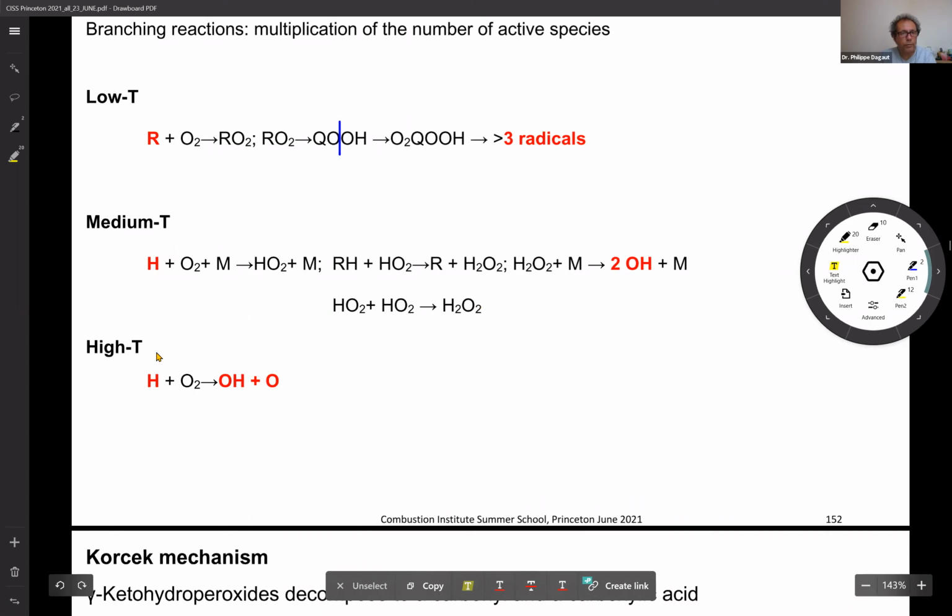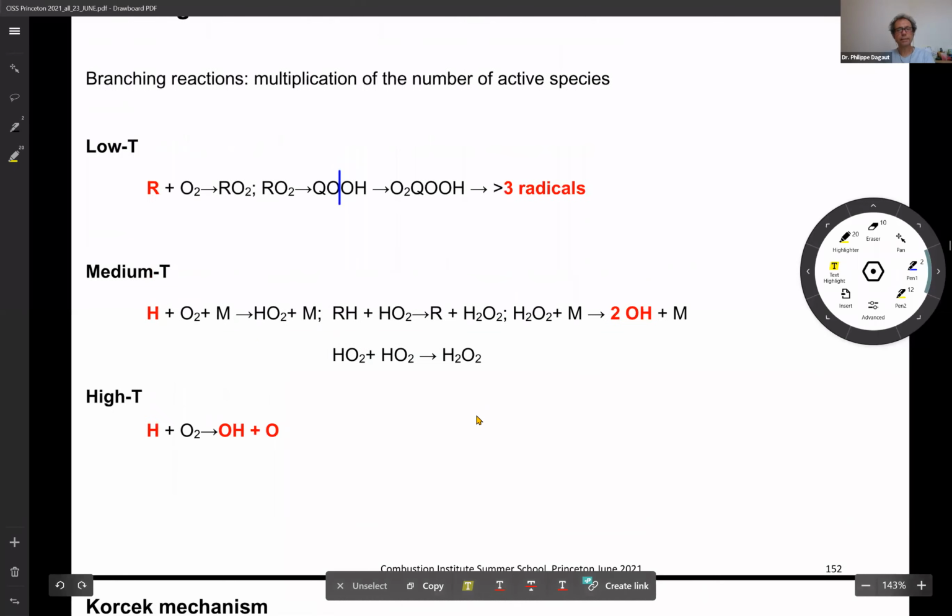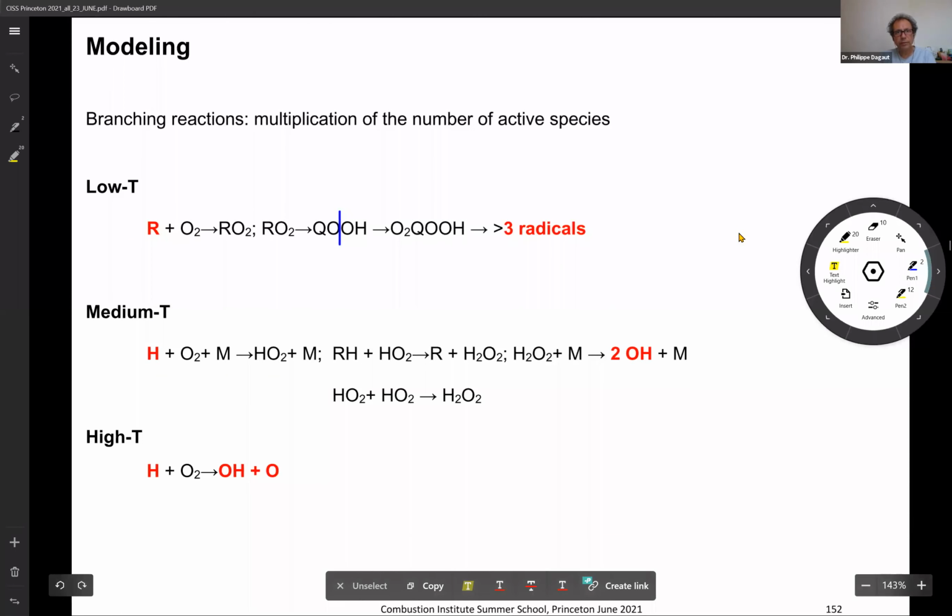And at high temperature, this high temperature oxidation is dominated by this main branching reaction, the reaction of H atoms with the molecular oxygen producing two reactive species, OH radicals and O atoms. So this is a very simple representation of this chemistry, but I think it tells you quickly how it goes.